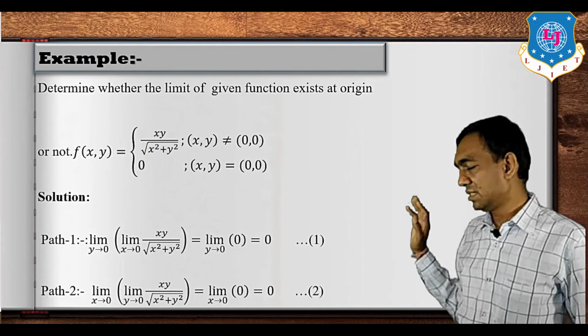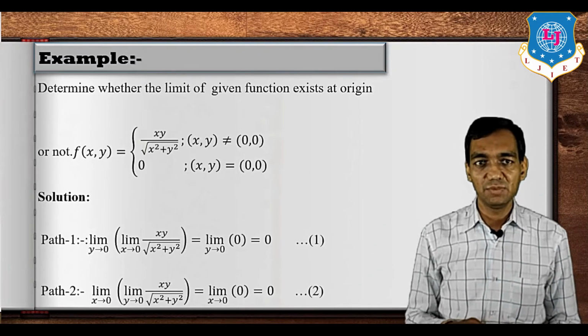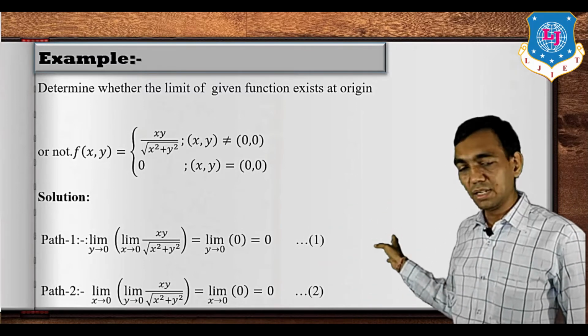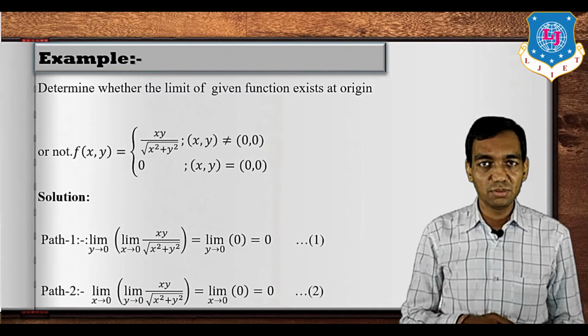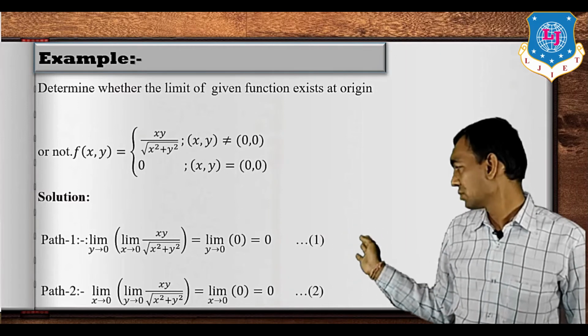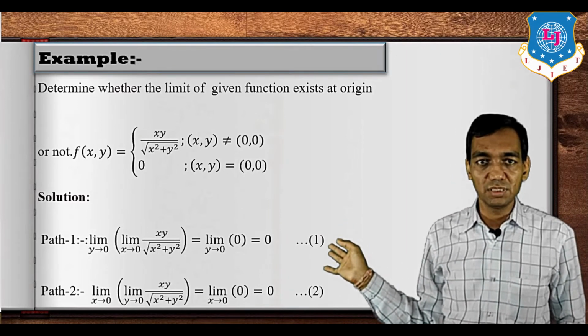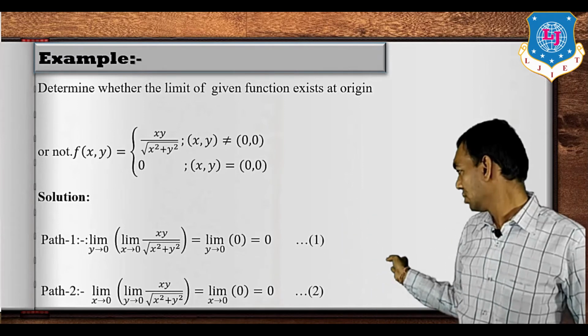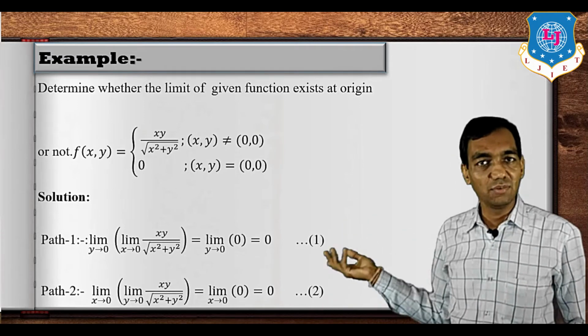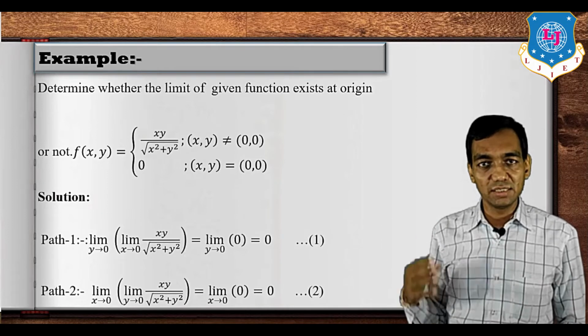So we are first starting with the iterated limit, that is, for path 1, limit y tends to 0, limit x tends to 0, of xy upon under root of x square plus y square. If we put x equal to 0 first, then you will have limit y tends to 0 of 0 upon under root of y square, that will be 0. And that will give you the answer 0.